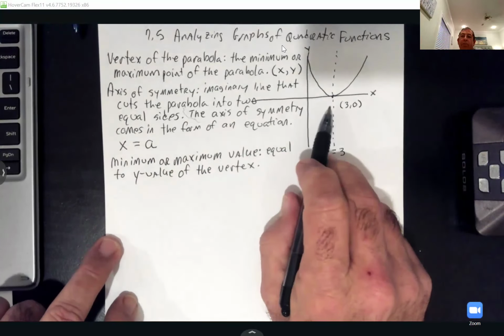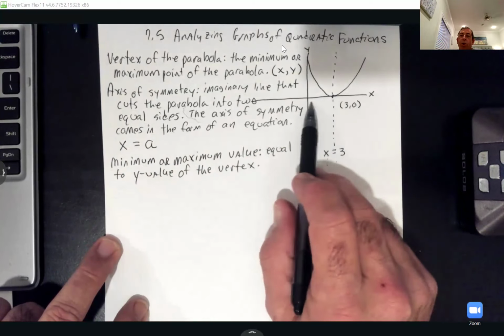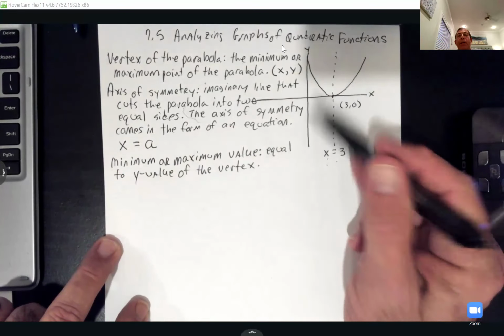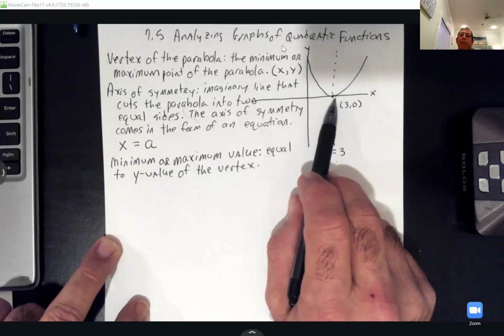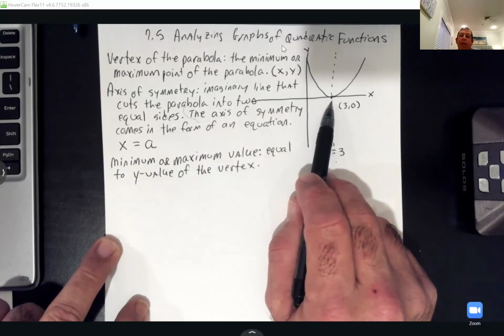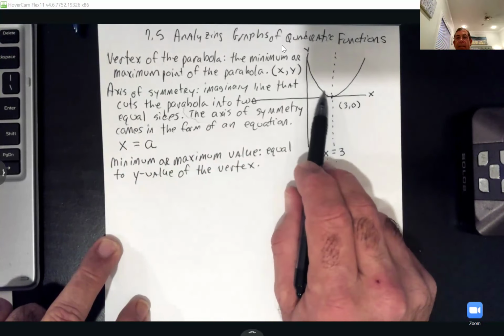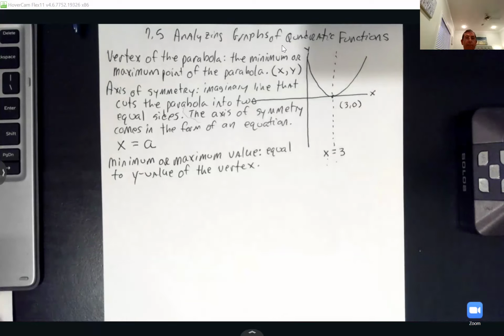Well, remember, y values are always the amounts. Like when you was doing pay, your hours were your time, which was your x's, but the amount of your paycheck was your y values. So this parabola that we have right here would have a y value minimum of 0 because that's the lowest y value associated with that graph.